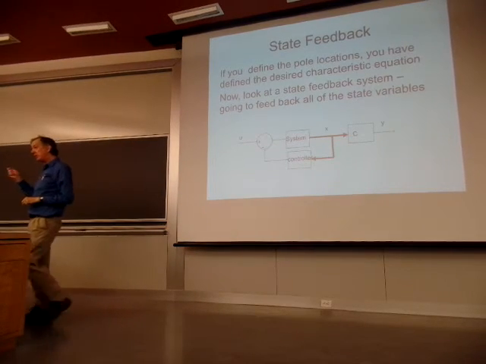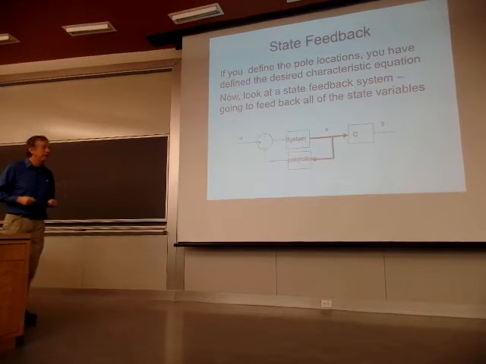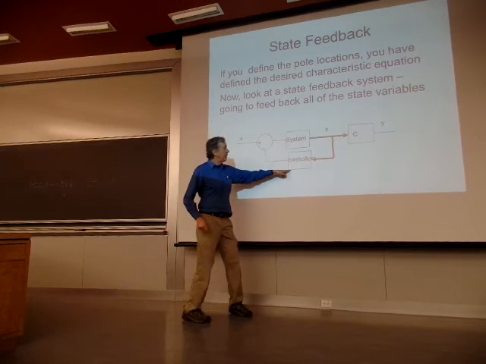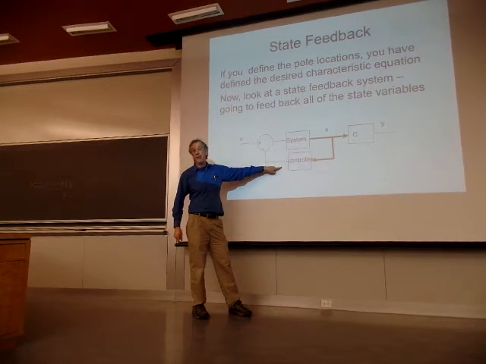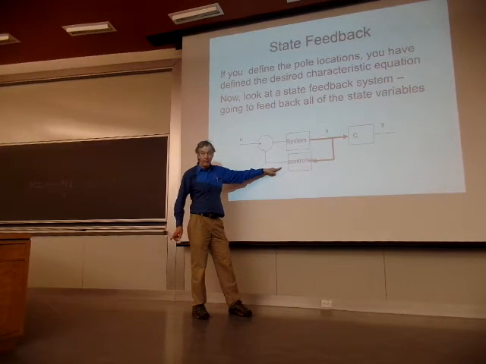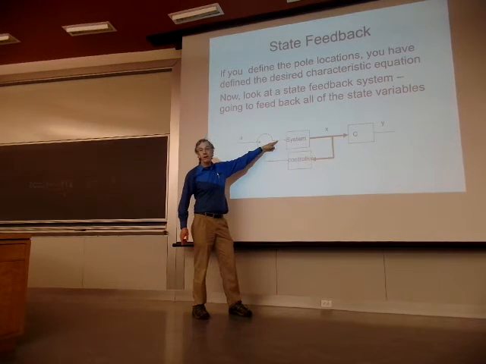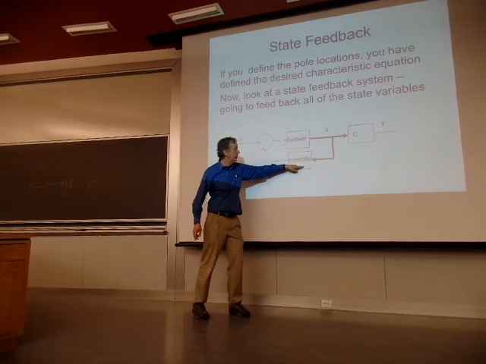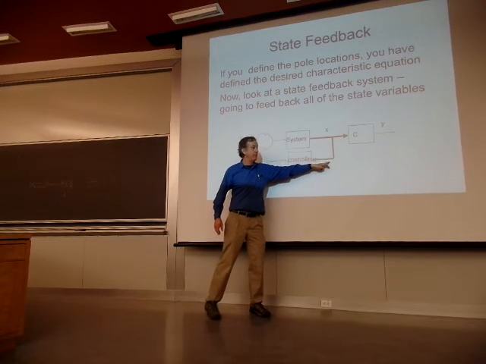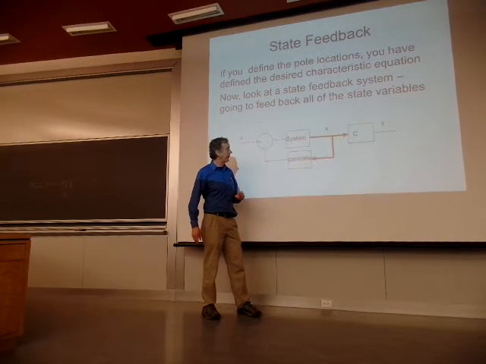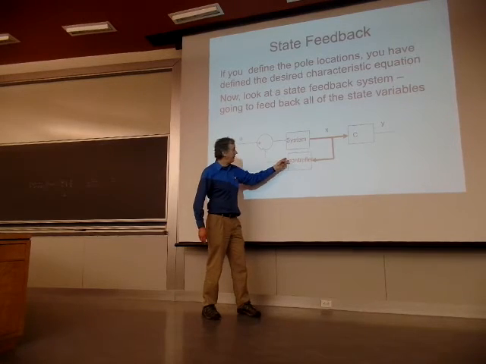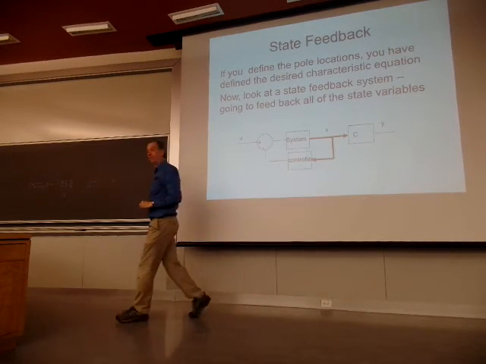I can put a transducer and measure every single state. The controller is down here in the feedback. For transfer function systems, the controller was where? Up here in the error signal. But now we're going to design here, because we're going to look at every single state, do something with every single state, and drive the system.